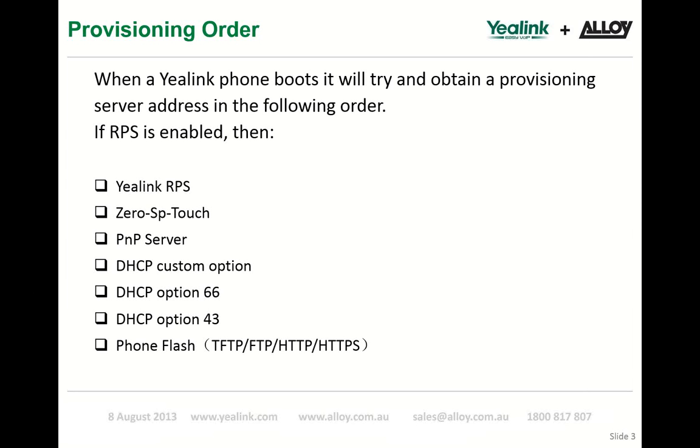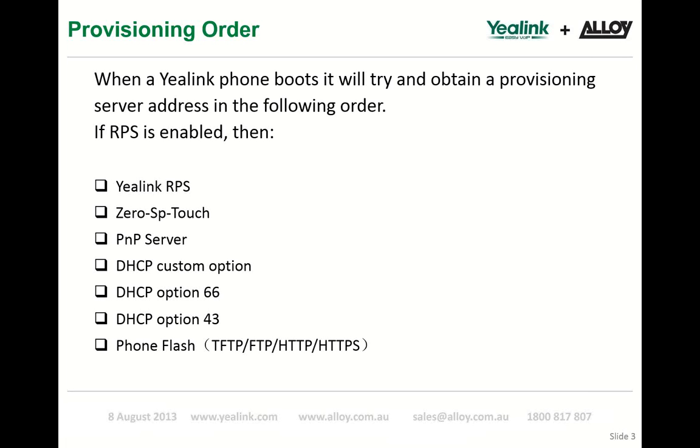Okay, now the Yealink phones support a wide range of provisioning options. First of all, we have Yealink's RPS service. With the Yealink RPS service, the phone's firmware needs to support the RPS service. Yealink actually offer two different firmware versions, one that supports RPS and one that doesn't.